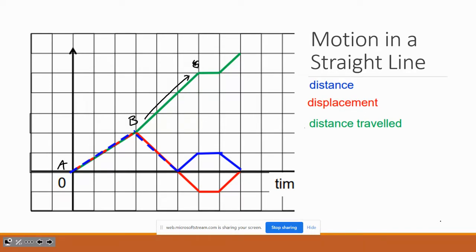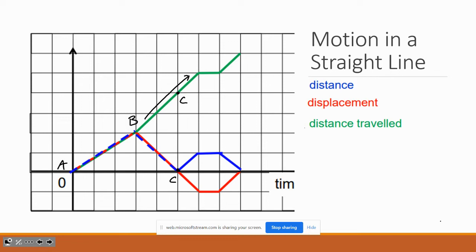And in fact, it's an interesting thing that we reach the point C here. The total distance traveled continues to increase at the same rate once we reach C. That's because it's at C where we get back to our starting position. But then we go beyond our starting position, so our displacement then becomes negative.